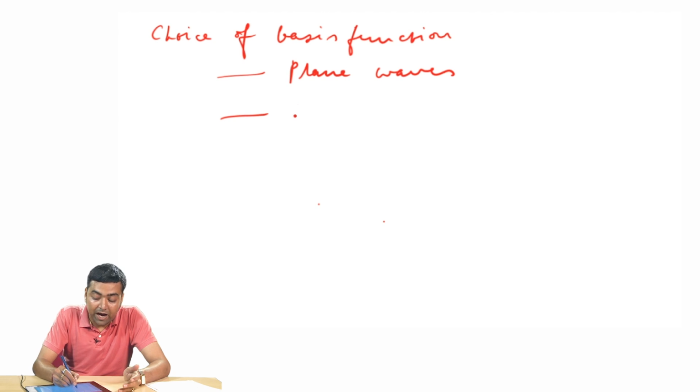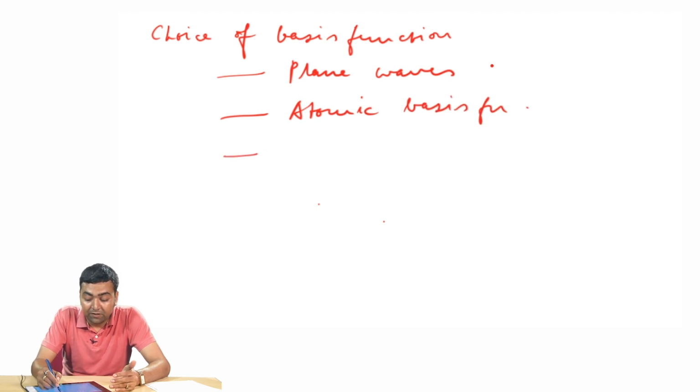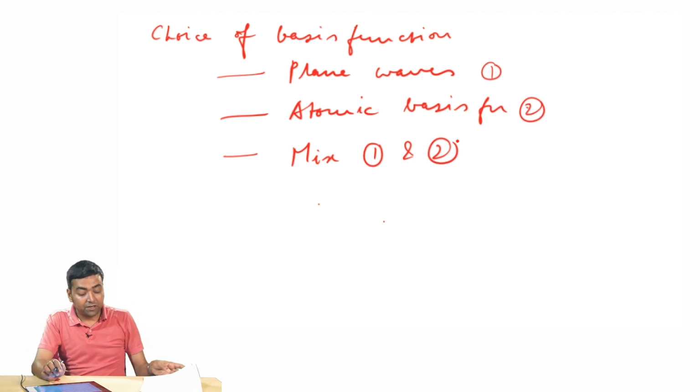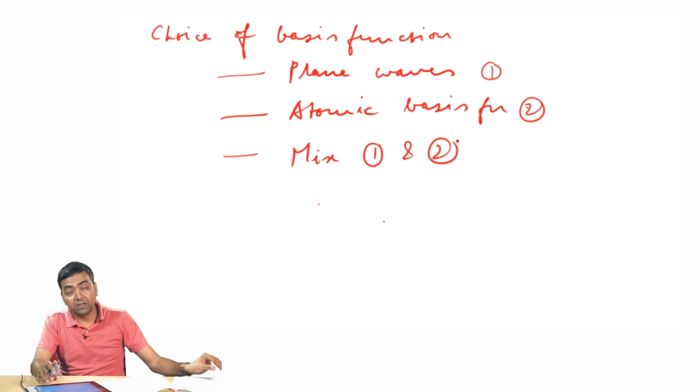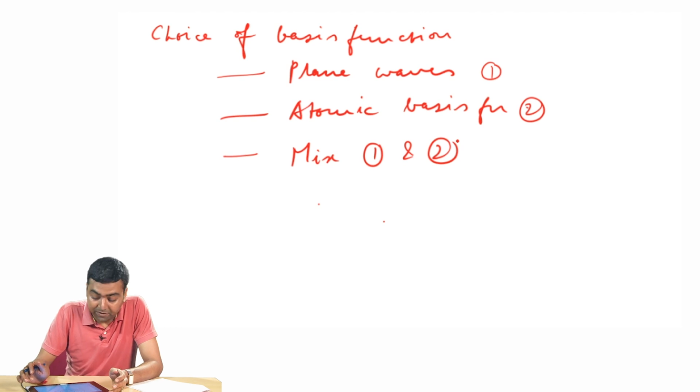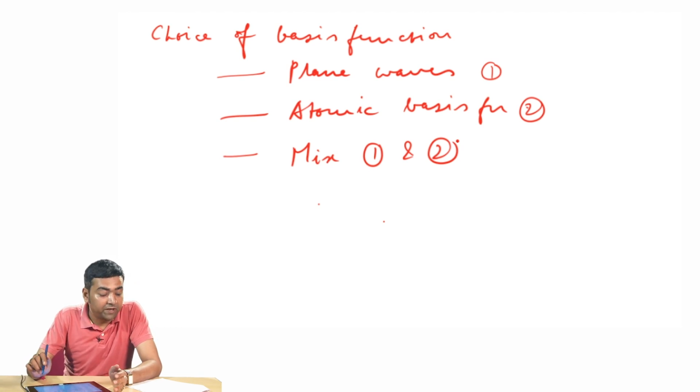You can choose atomic wave functions as your basis functions. You can mix, so if I call this 1 and you call this 2, we can mix 1 and 2 as a choice of basis function. But in the example which we will do, and in this lecture, I will restrict myself to using a momentum basis in a finite box.